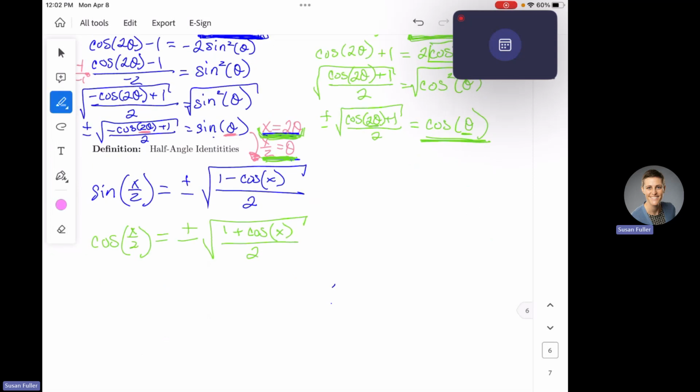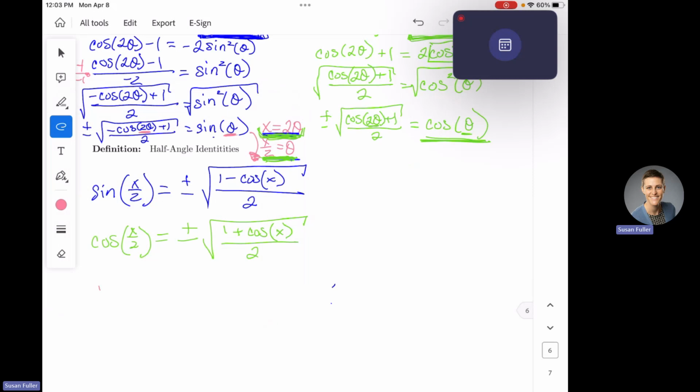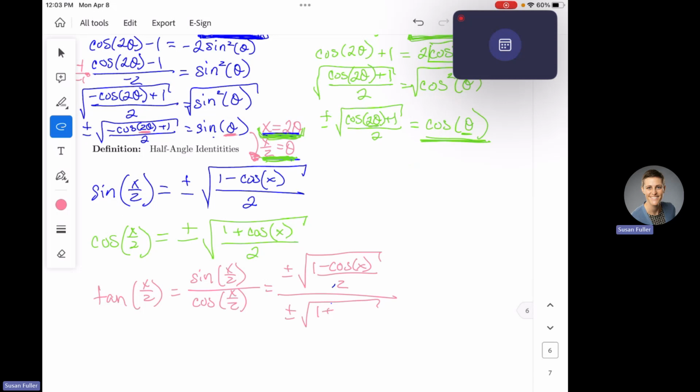And then if you wanted to figure out where the tangent came from, I'll run through that real quick for you as well. The tangent of x over 2 would be the sine of x over 2 divided by the cosine of x over 2, which is going to be plus or minus the square root of 1 minus cosine of x over 2 divided by 1 plus the cosine of x over 2.